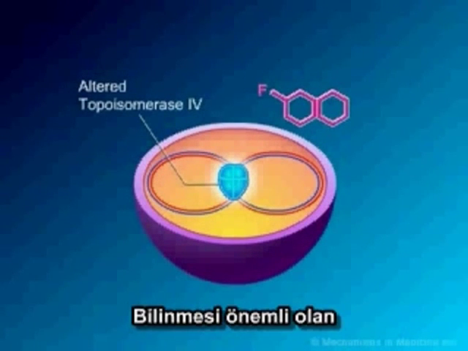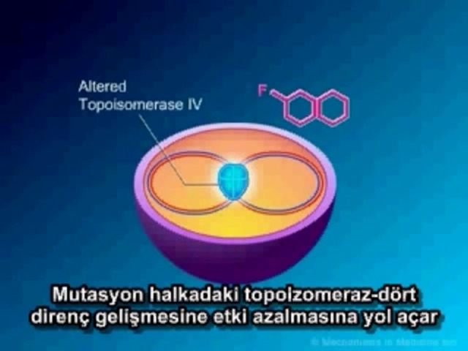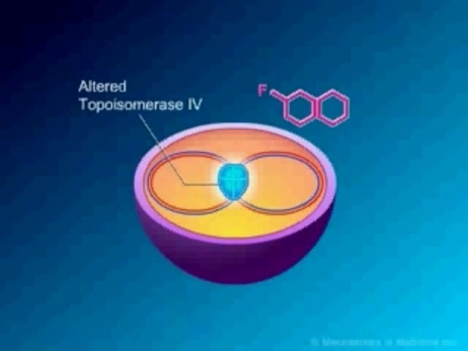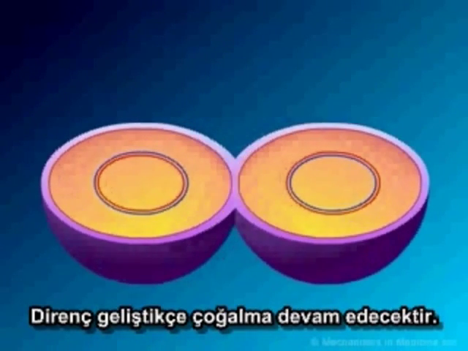It is important to note that for some fluoroquinolones that have similar affinity and potency against both target enzymes, mutations in both DNA gyrase and topoisomerase IV will be needed for resistance to occur. In resistant organisms, semi-conservative replication continues.